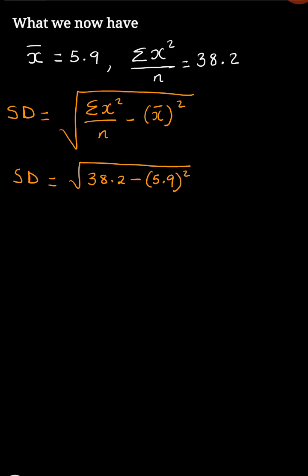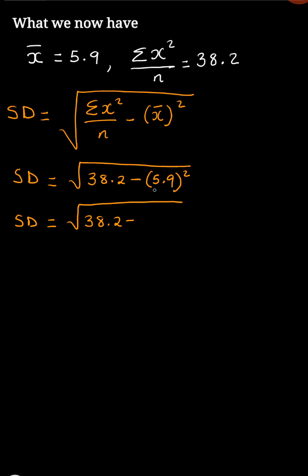Once you have done it like that, continue working under the square root by saying standard deviation is equal to the square root of 38.2 minus, then you get your calculator and say 5.9 to the power 2.